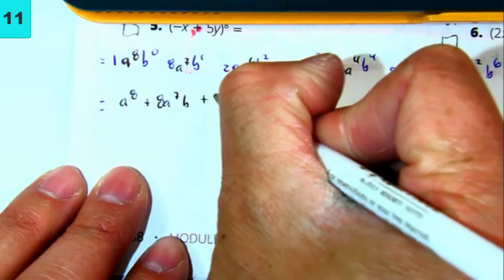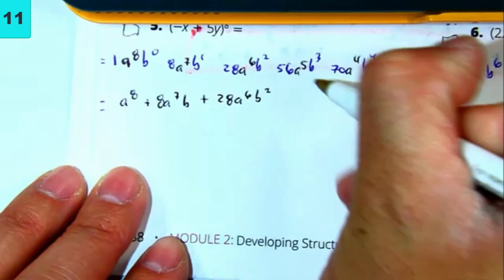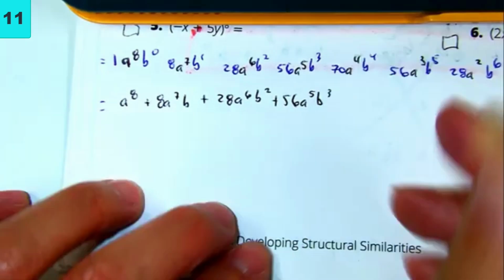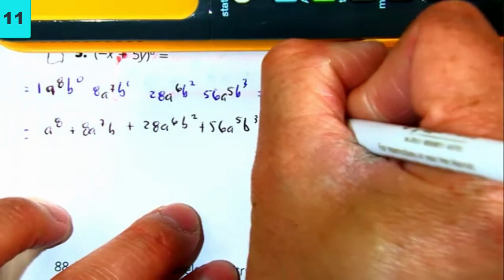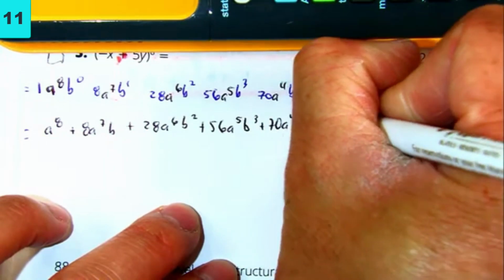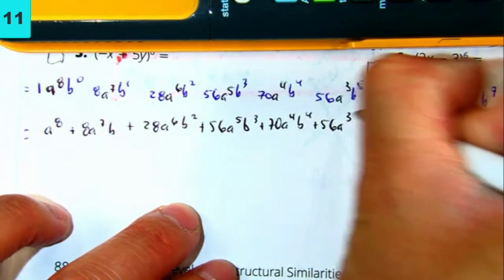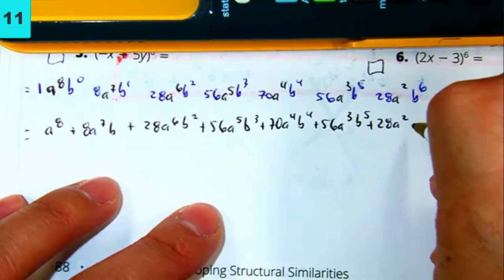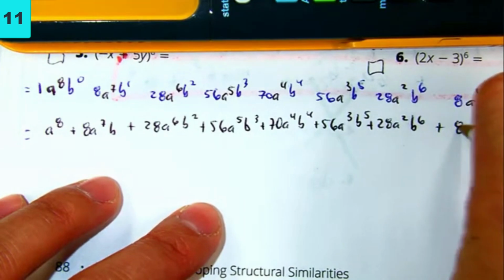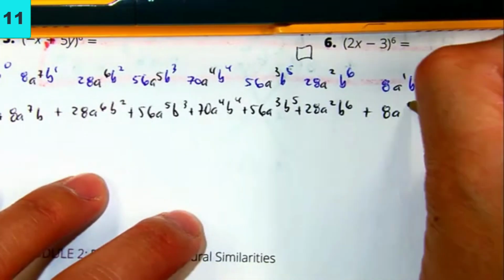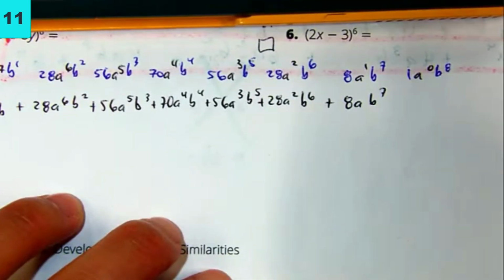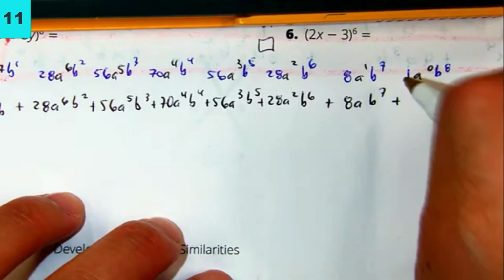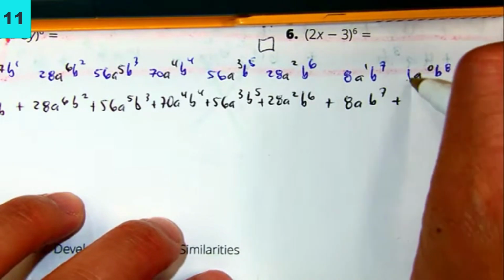Plus 28a to the 6th b squared, plus 56a to the 5th b cubed, plus 70a to the 4th b to the 4th, plus 56a to the third b to the 5th, plus 28a squared b to the 6th, plus 8a b to the 7th, plus. Do you write the 1? Remember, this is also 1, so you have to write it. So we have just b to the 8th.